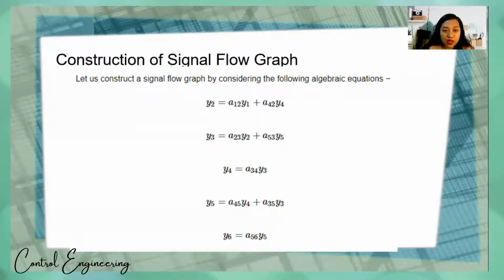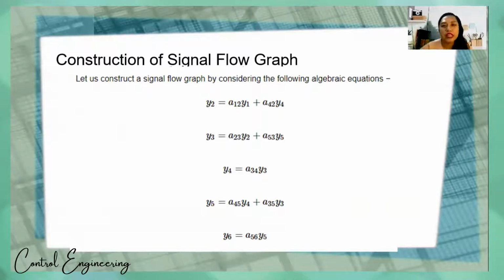Y sub 3 is equal to A sub 23 Y sub 2 plus A sub 53 Y sub 5. Y sub 4 is equal to A sub 34 Y sub 3, and Y sub 5 is equal to A sub 45 Y sub 4 plus A sub 35 Y sub 3, and Y6 is A sub 56 Y sub 5.